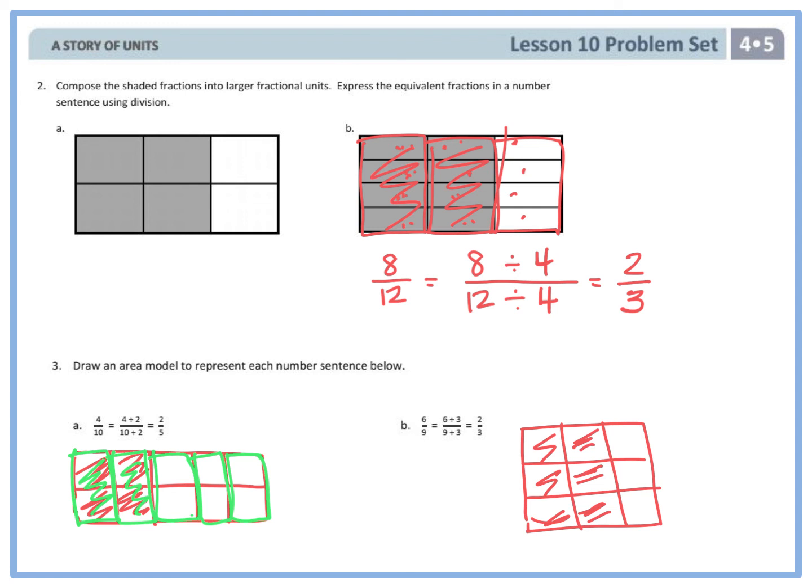But now I can see, since it's in 3s, I can easily put these into groups of 3. So 1, 2, 3, 1, 2, 3, 1, 2, 3, which is what it's showing me right here. I divided by 3, and now I have 1, 2, which is 2 out of my 3 groups, so 2/3 right there.